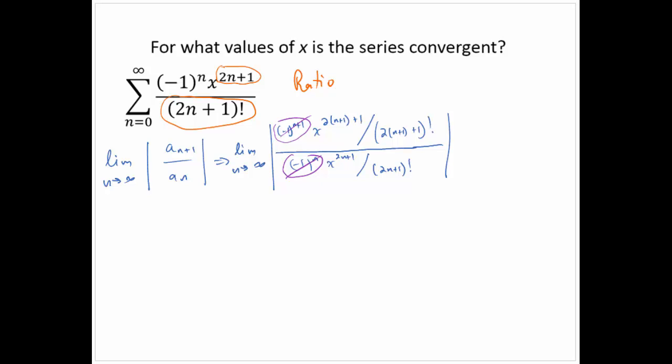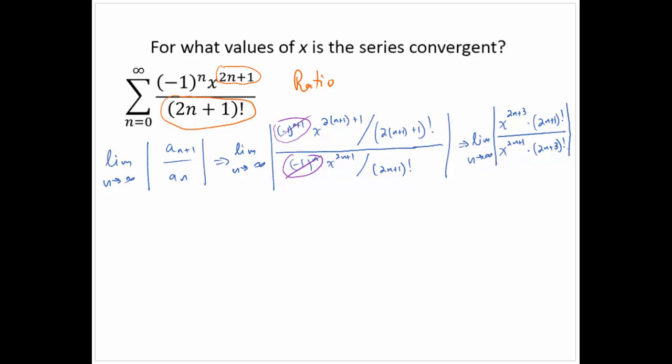Now, simplifying a little bit, this would give me the limit with n approaching infinity of x to the 2n plus 3 times 2n plus 1 factorial over x to the 2n plus 1 times 2n plus 3 factorial, and this should still be under the absolute value.